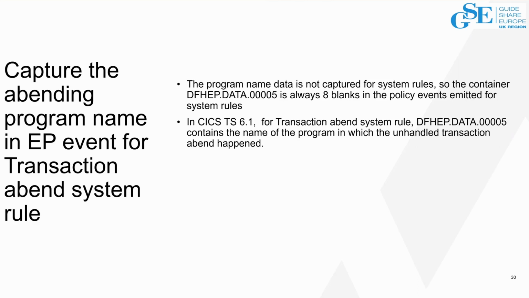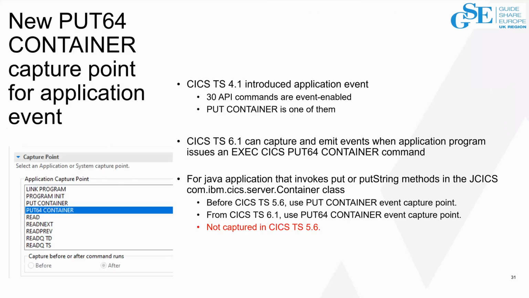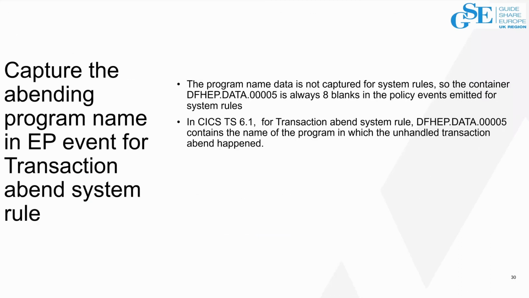So one of the RFEs in here was someone noticed that the program name is not captured for system. Oh, I tell you what, I think I'm talking rubbish here. So this one, sorry, I will roll back and say this one is to do with an EP event for the transaction abend system rule.